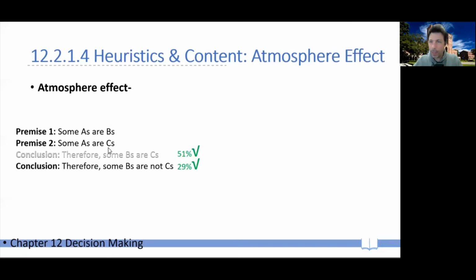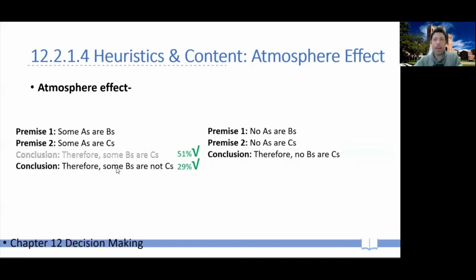In a sense, it's not too dissimilar from the belief bias we just saw. Except here the premises are building an atmosphere of some are, and so you expect the conclusion to match. And if the conclusion does match the premises, you become biased towards wanting to say that it's valid, even though the logical structure per se is invalid. On the other hand, if the conclusion does not match, then you don't get that effect.